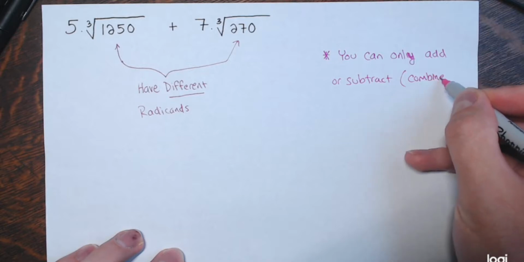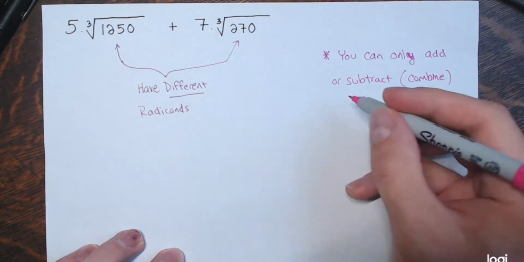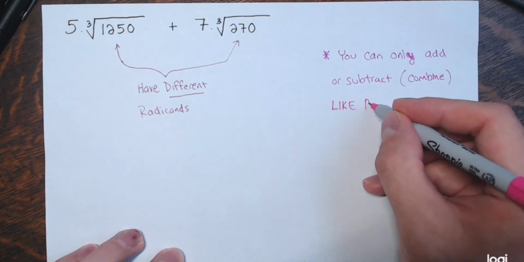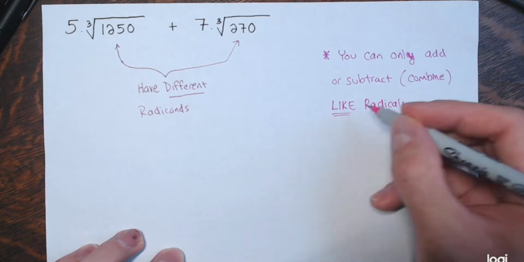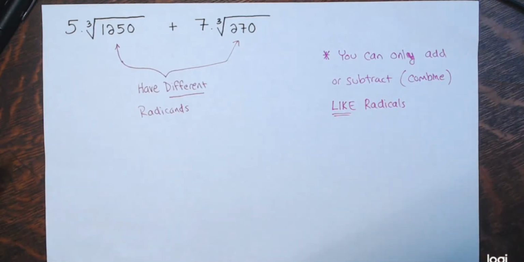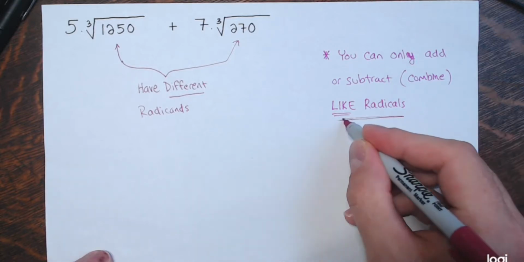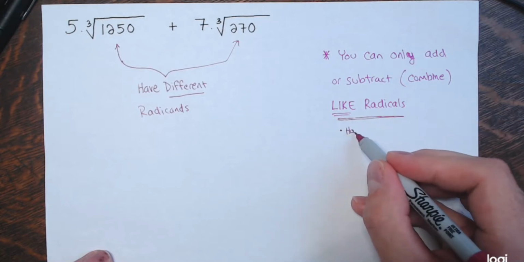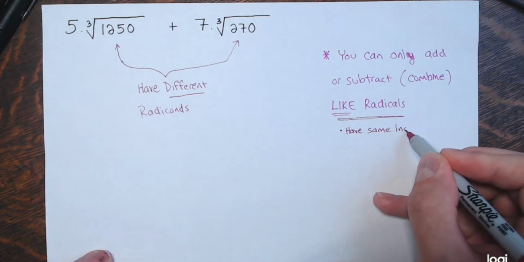When I say add and subtract, another way they might shorten that is by saying combine like radicals. And what are like radicals? Like radicals are radicals that have the same index.